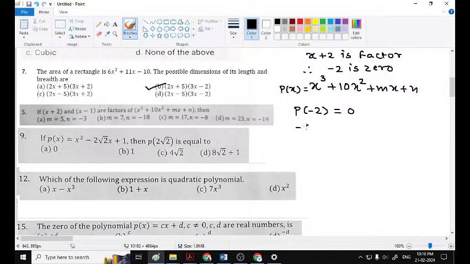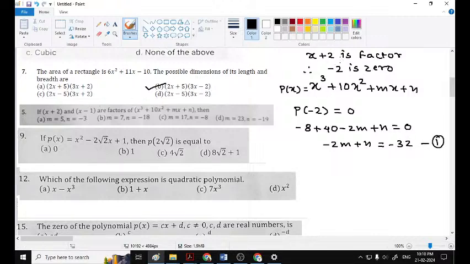Minus 2 cube is minus 8 plus 10 into minus 2 square is plus 4, so this is 40. m into minus 2 is minus 2m plus n will be equal to 0. So what we have, 2m plus n, this simplifies to 32. After transposition it will be minus 32. This is one equation.